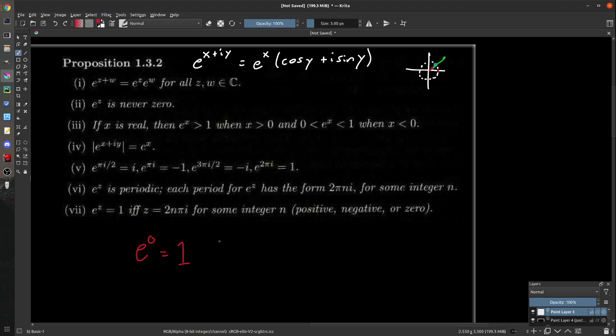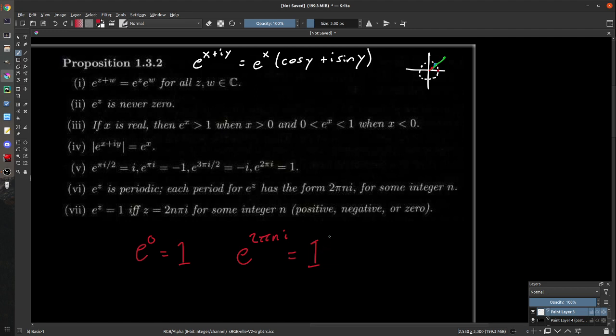We also know that e to the 2 pi n i should be 1 as well, because we're just going all the way around the circle in the complex plane. Multiples of 2 pi are the same as being at 0 in terms of sine and cosine. So we should get 1 there as well.